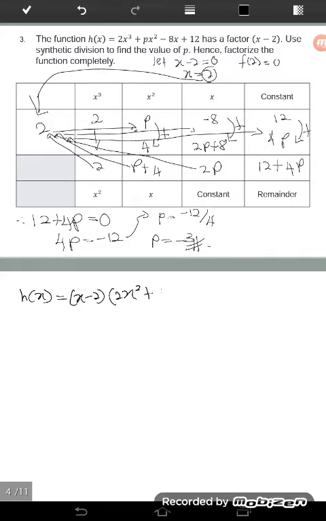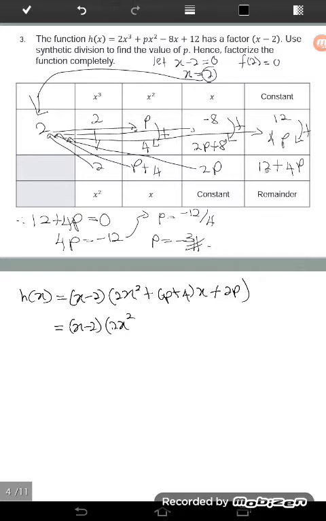So I write first p plus 4x, and then plus 2p, and since here p is negative 3, we put here x minus 2 and then 2x square.